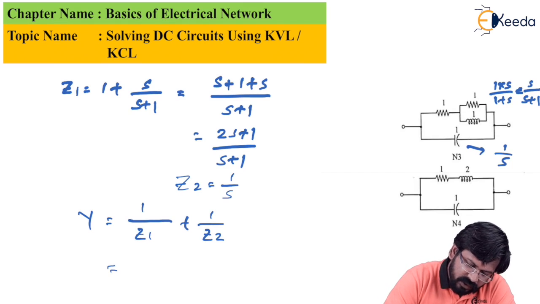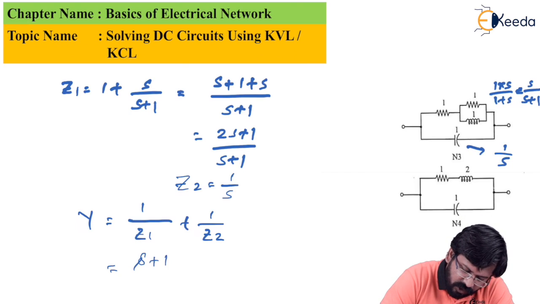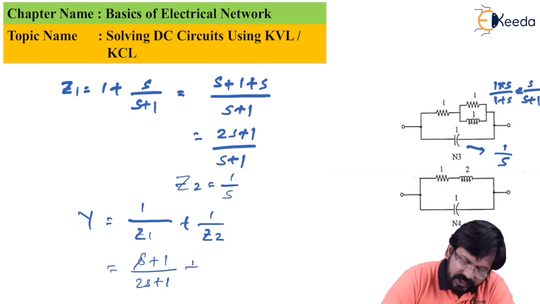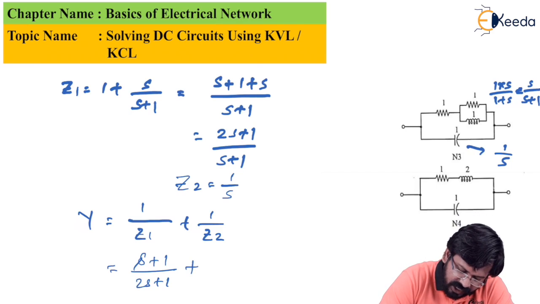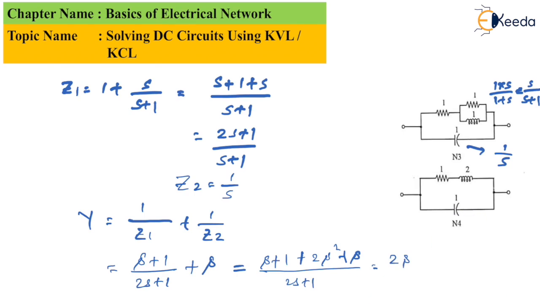The value of Z1 was 2s plus 1 upon s plus 1, so 1 upon Z1 will become s plus 1 upon 2s plus 1, plus the value of Z2 inverse as s, which can be equated as s plus 1 plus 2s square plus s whole divided by 2s plus 1, which in effect becomes 2s square plus 2s plus 1 whole divided by 2s plus 1.